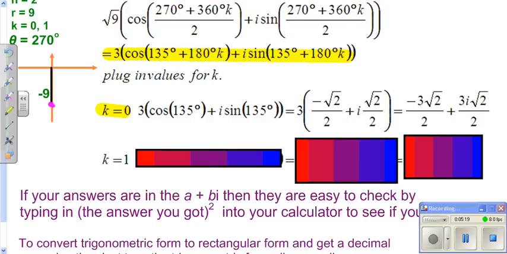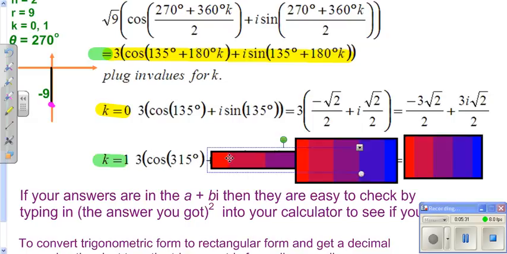We now need to go ahead and work out what it is when we plug in 1 into our formula up here. So plug in 1, well that would be 180 plus 135. So you'd still have your 3 in front, your 180 plus 135 gives you a 315. And once again, remember both of your angles are the same. Since we didn't start with trig, we want to go ahead and get the rectangular.